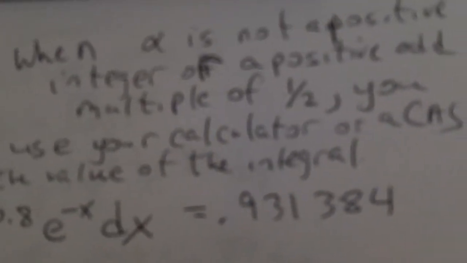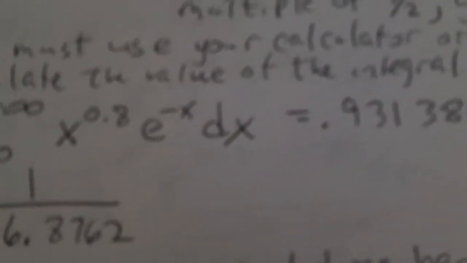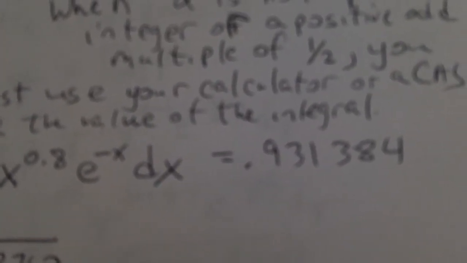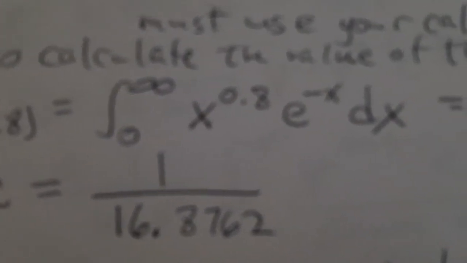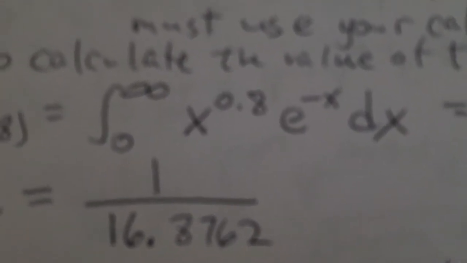So you could type in gamma function of 1.8 and it would give you this value, but I also need to show you how to do this for your exam purposes. So we're going to actually substitute the 1.8 into the definition of the gamma function and go through the integration.